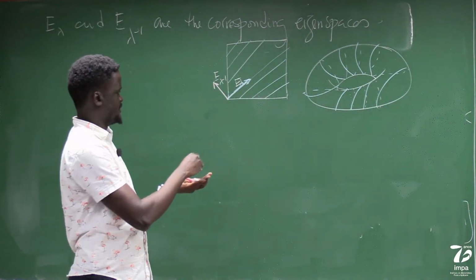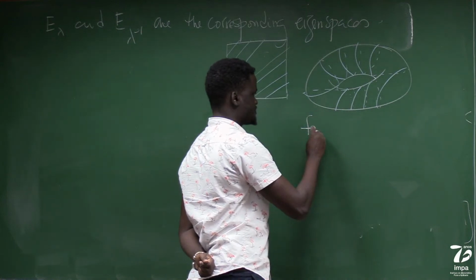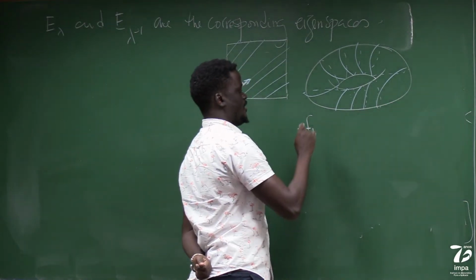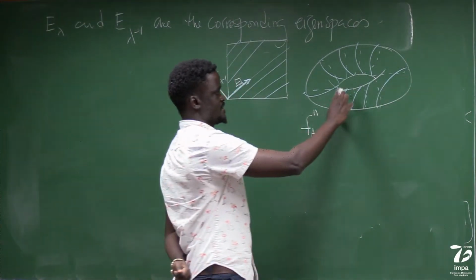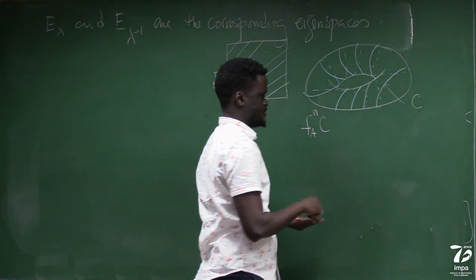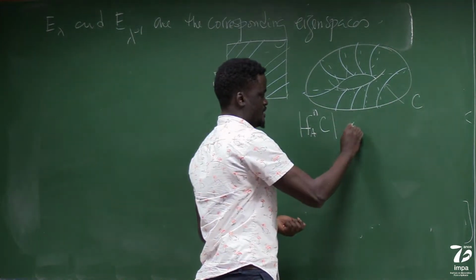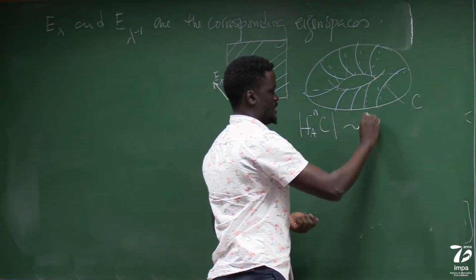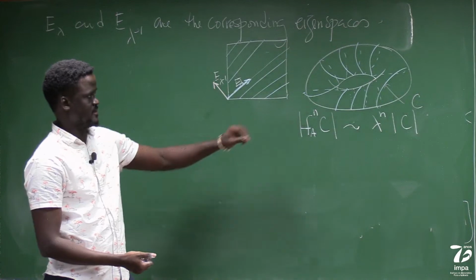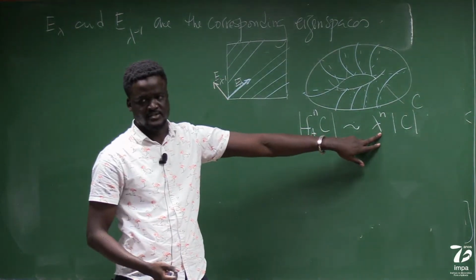But what is the property of this eigenspace? If I apply F_A^n to a piece of this curve, let's say C is just a piece of this curve, the length will be of the order of lambda to the n times the length of C, because it is an eigenspace, so it maps like this.